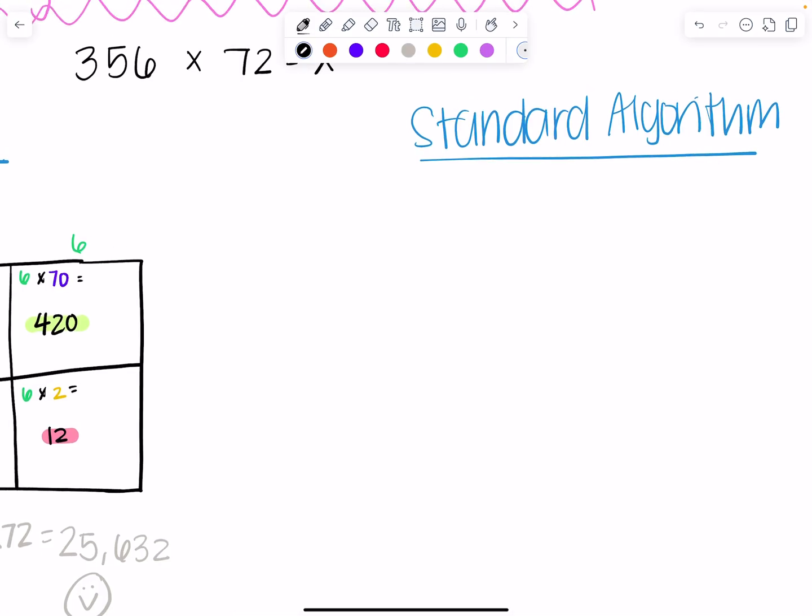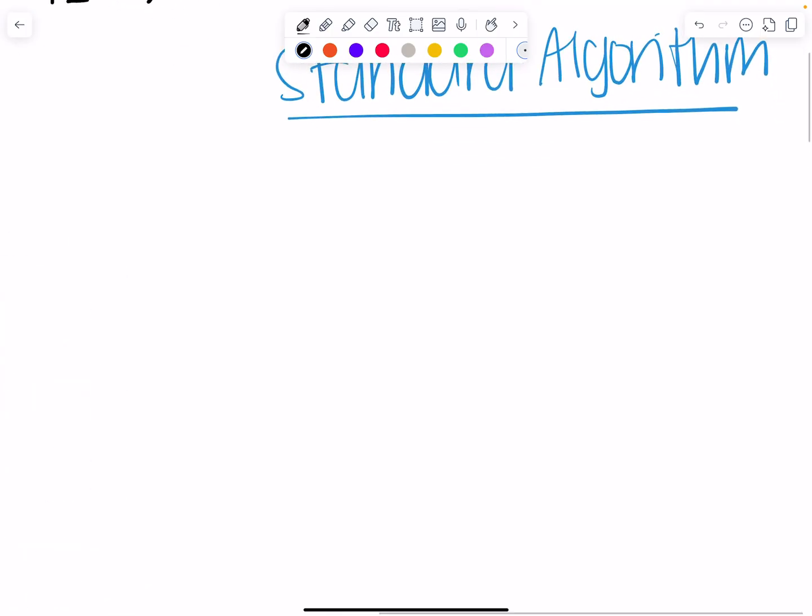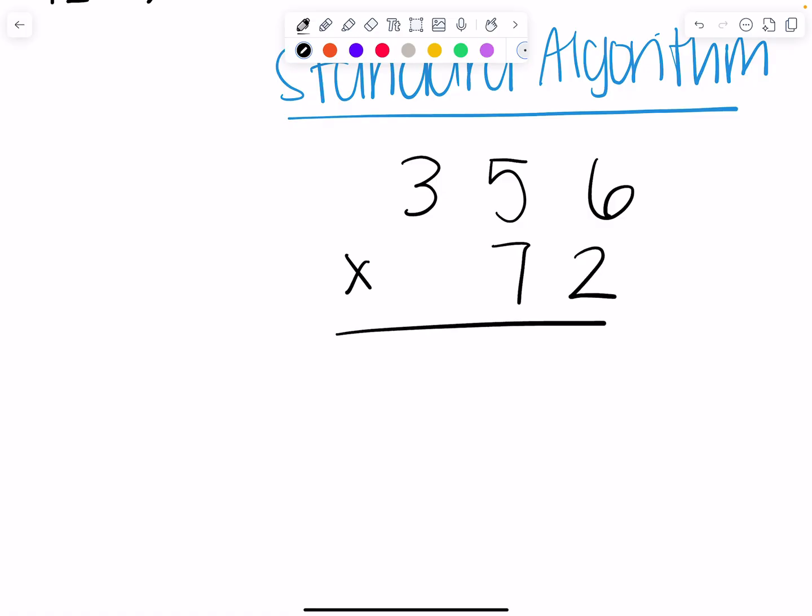I was going to change the number, but I'm not going to. So let's do 356 times 72. For the sake of solving this, I'm going to spread the numbers apart a little bit, just so y'all can see it a little bit more clear.